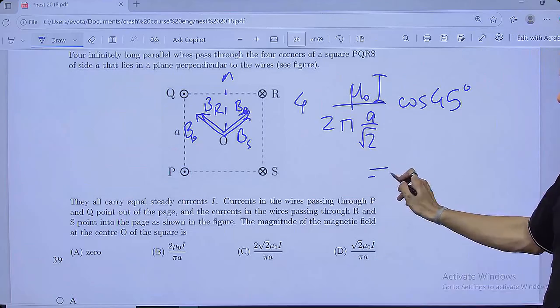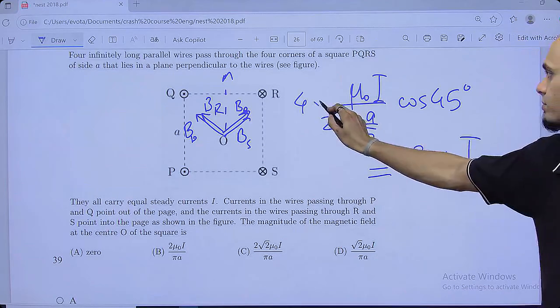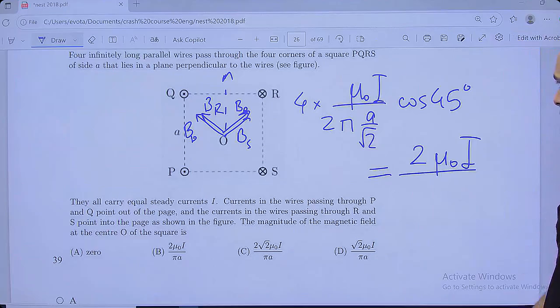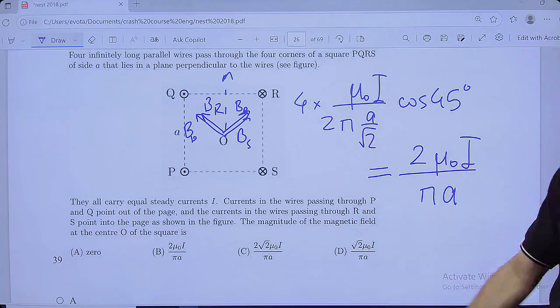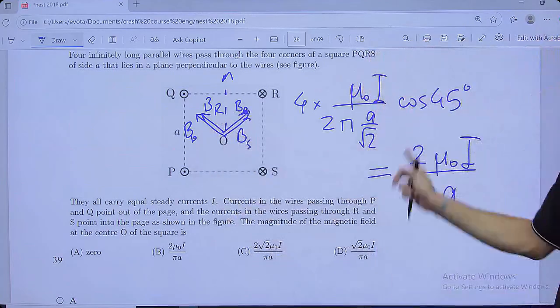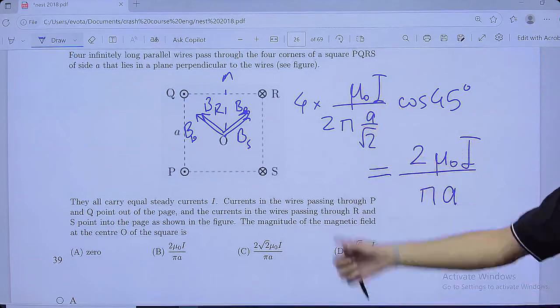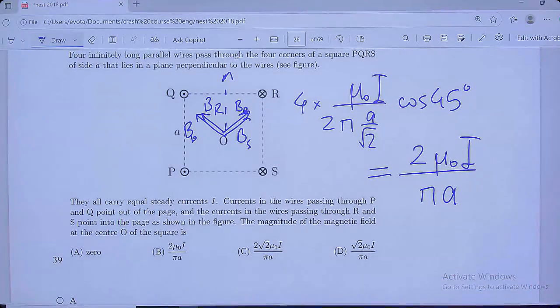So the net value of magnetic field will be 2 into mu naught into I upon pi A. This is the net value of magnetic field. Again, similar 4 vectors, we are taking the vertical component and adding up. Simple Biot-Savart law as well as right hand thumb rule will give you the value of magnetic field.